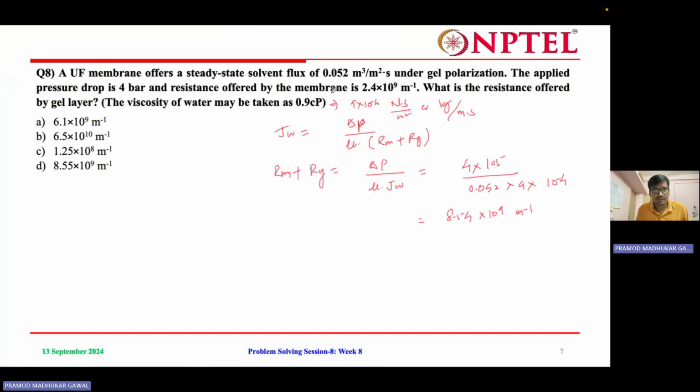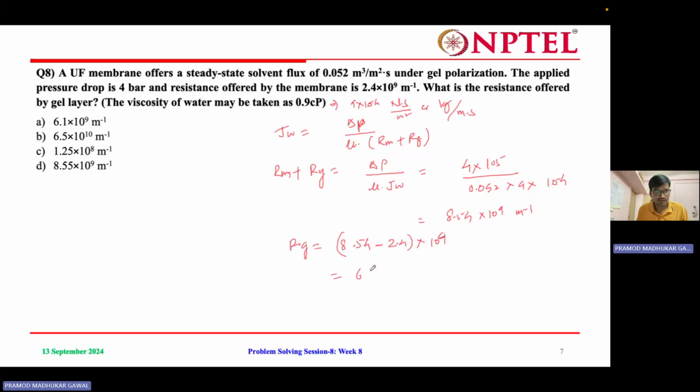So here Rm is given as 2.4 into 10 to the power 9. So Rg is equal to 8.54 minus 2.4, same units, so 10 to the power 9, right?